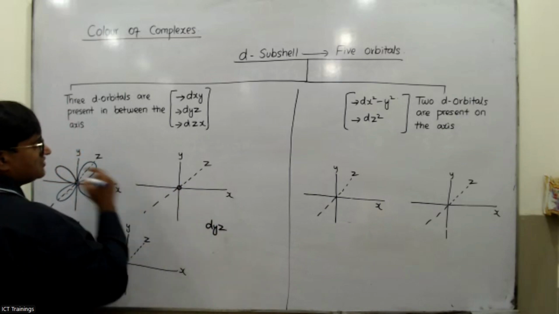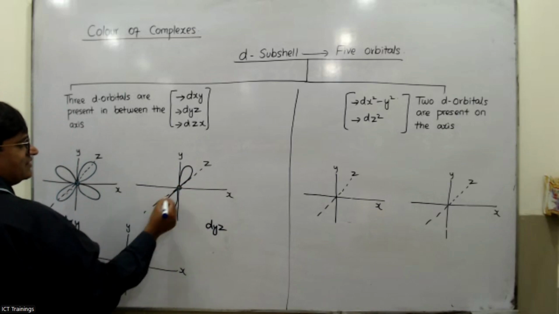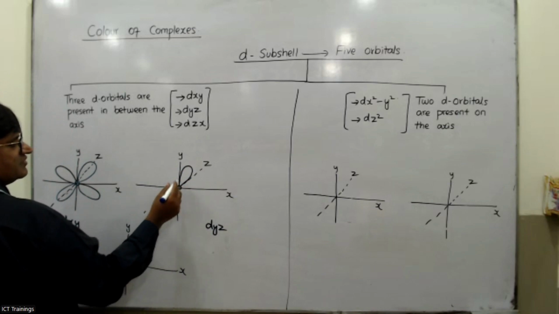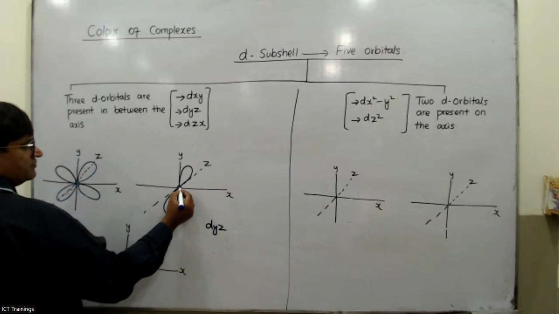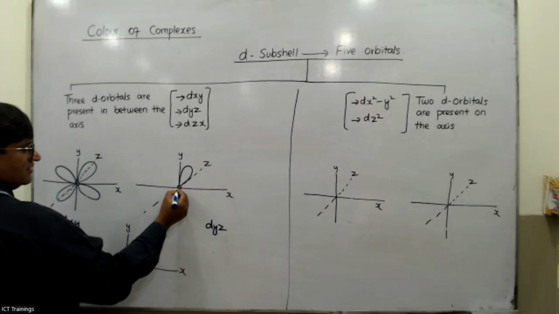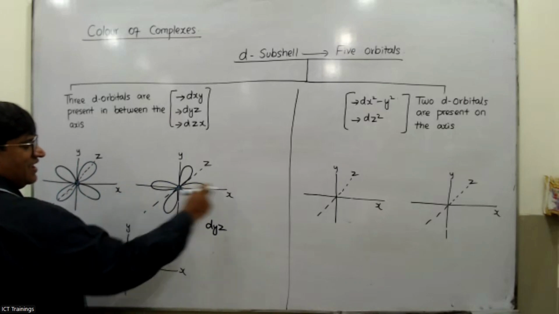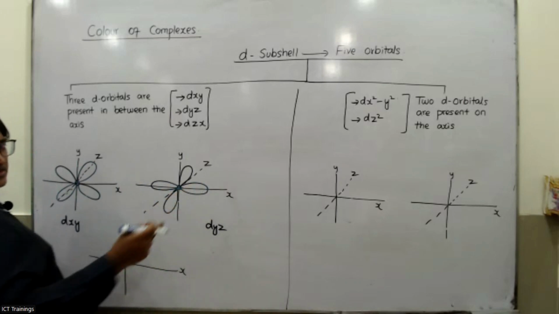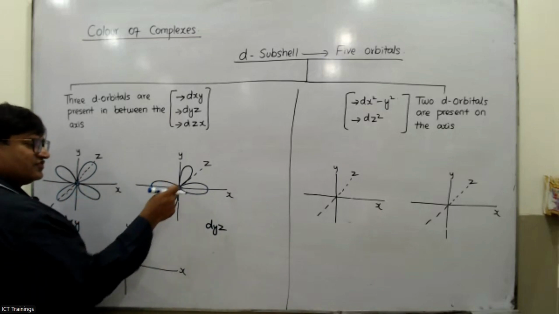Okay. The second one is dyz. Here the nucleus is present, and it is present in between y and z, like that. So this is y and z. Now this time the x-axis is moving into and out of the page. This is not present on the x-axis. It is actually right behind, present in between y and z.